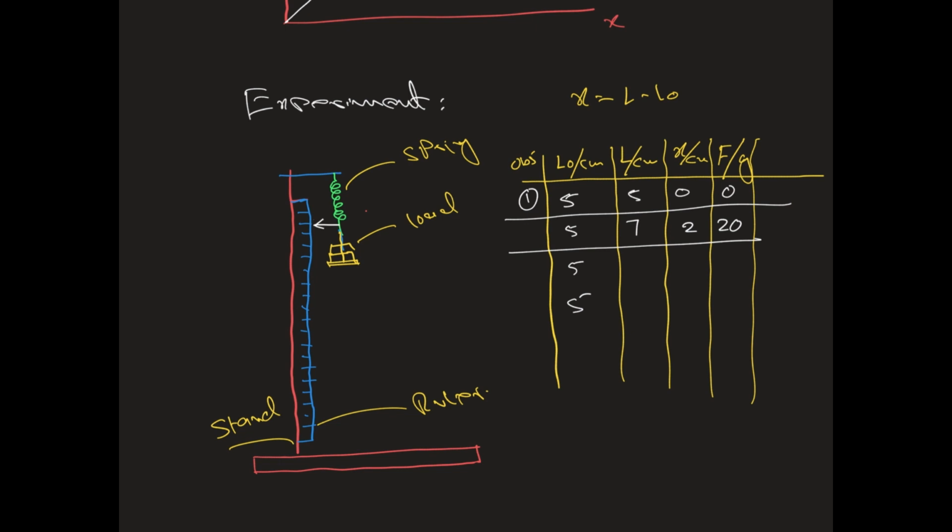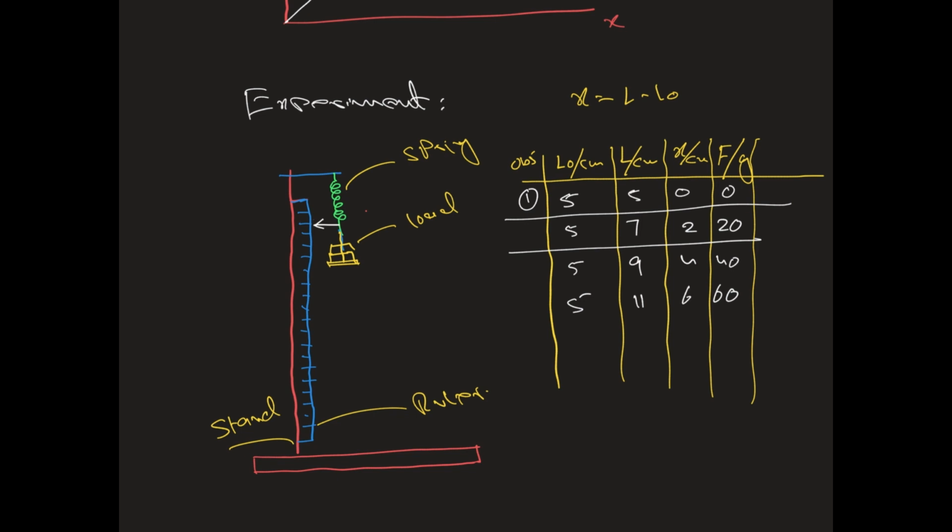Then let's suppose you applied more load. Say now the total load is 40 because you put 20 more. So new length will be 9, extension will be 4. Applied 20 more, so it will be now 60. The new reading is 11, and 11 minus 5 is 6, and so on.